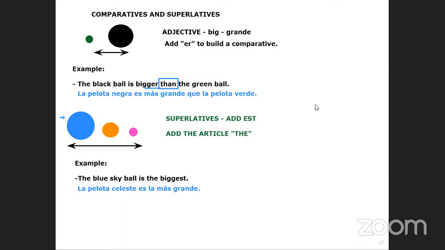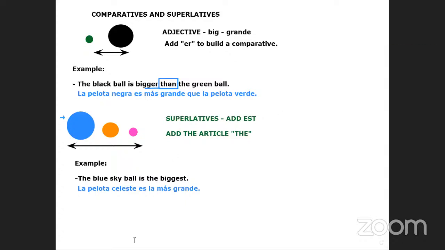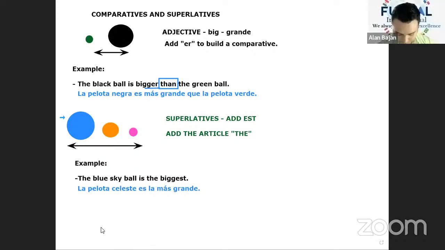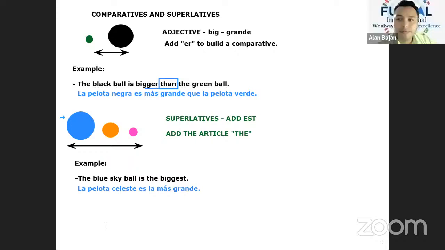Teacher? Yes. Teacher, I have a question. Cuando quiero decir que la pelota negra es menos, es menos grande que, pues, que la pelota gris, ¿cómo puedo decir ese menos? You need to use a different adjective.